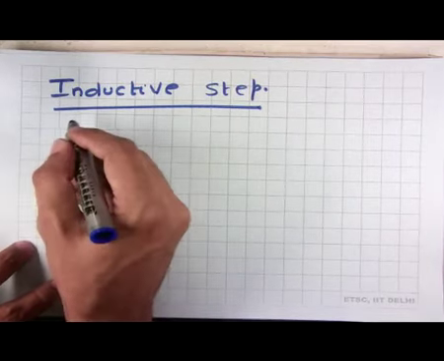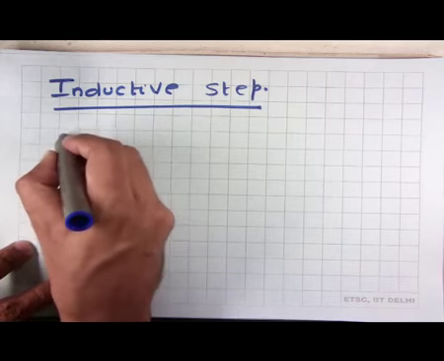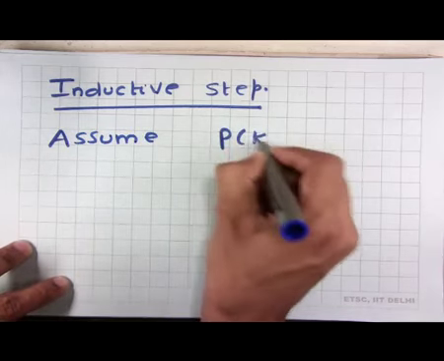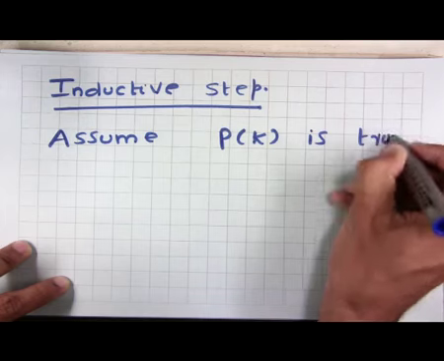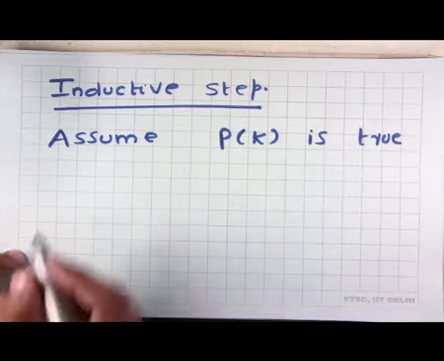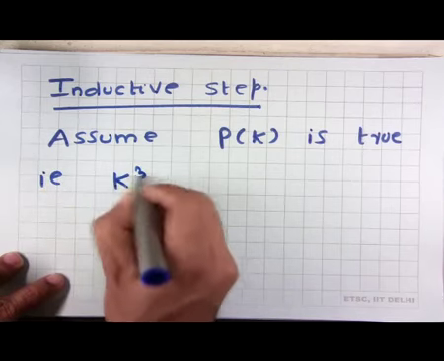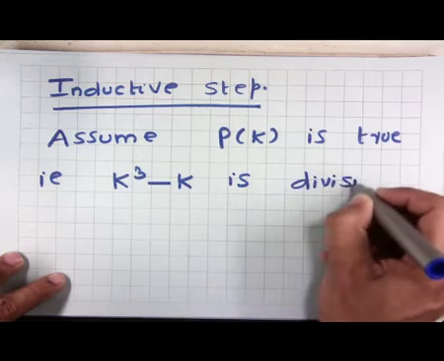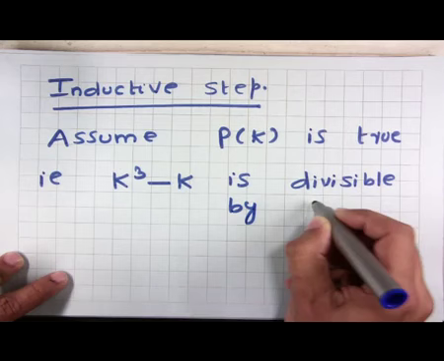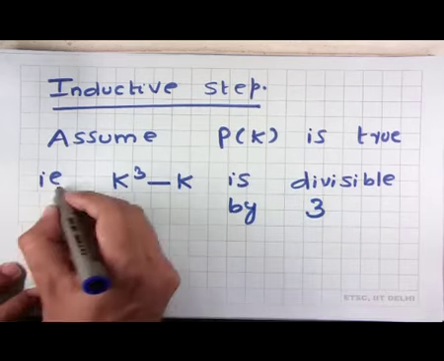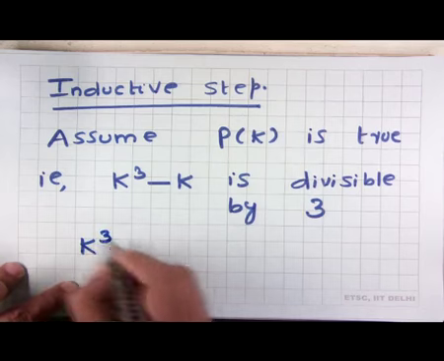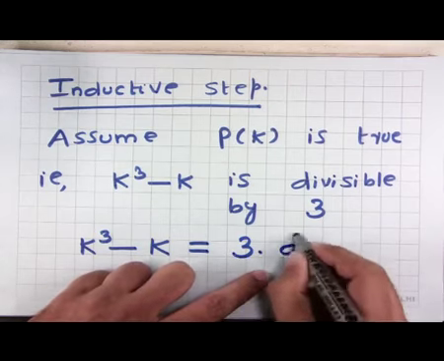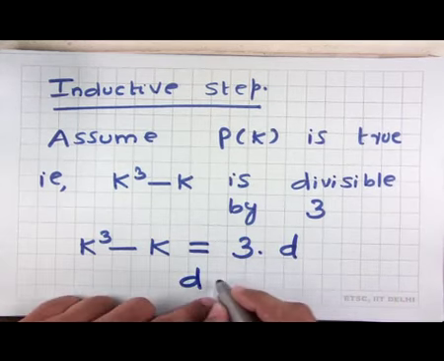The induction hypothesis in this case is the following. Assume P of k is true, that is k cube minus k is divisible by 3, or you can say k cube minus k is equal to 3 times some d, where d is a natural number.